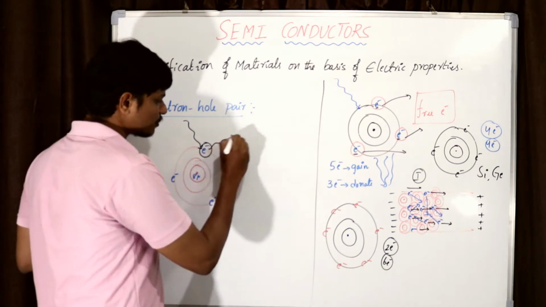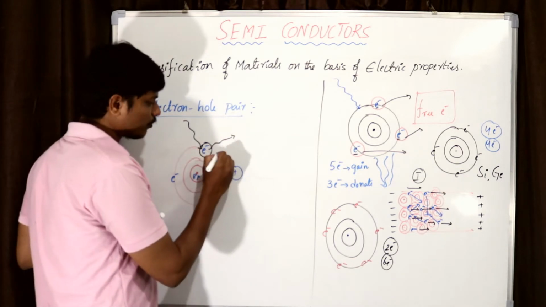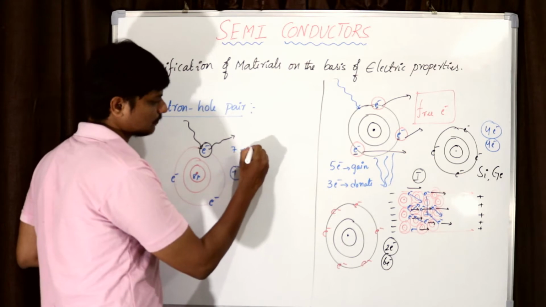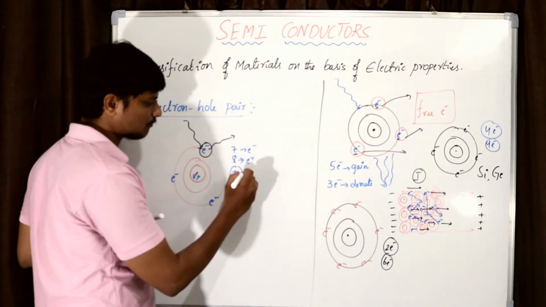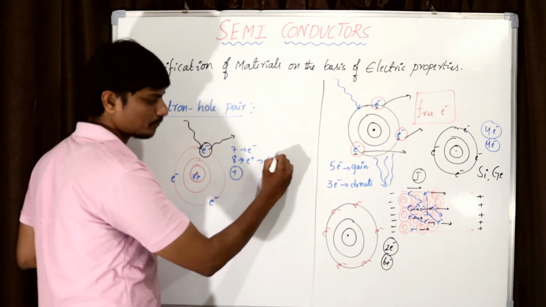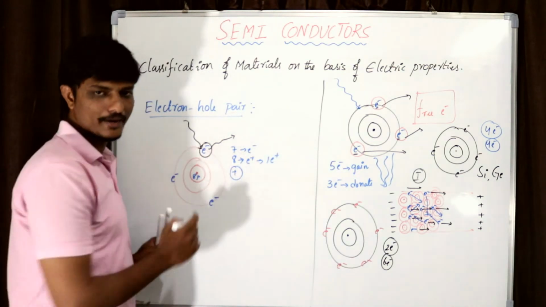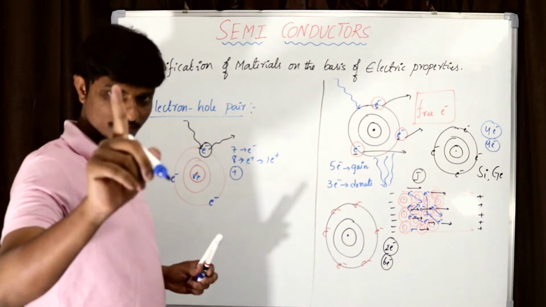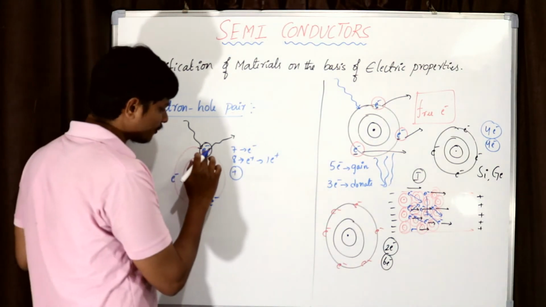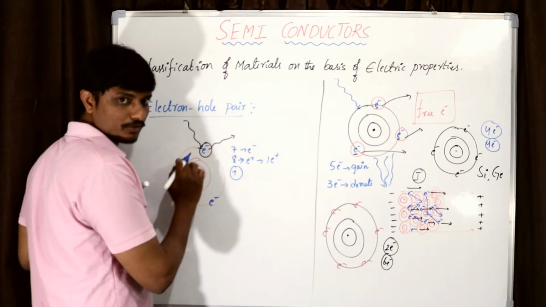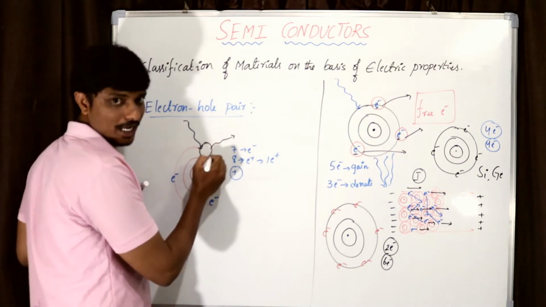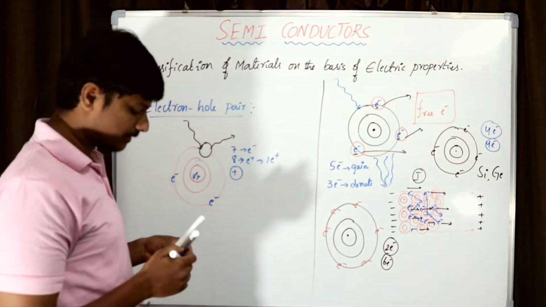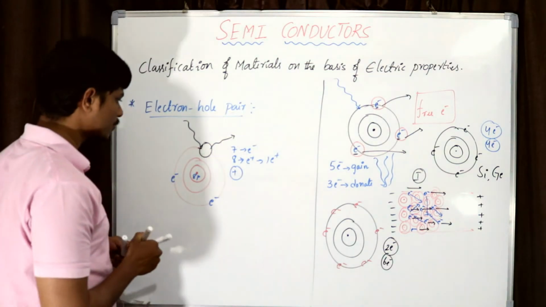Whenever an electron comes out of the atom, there are only 7 electrons, but how many protons are there? 8 protons. Therefore, 1 extra proton is there. That means the whole atom will behave like 1 positively charged proton, right? So when an electron moves from the atom, there will be a space left by it. That space we call a hole.